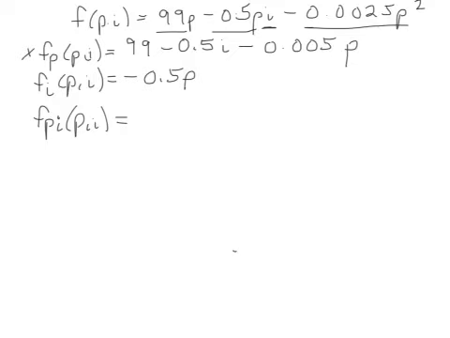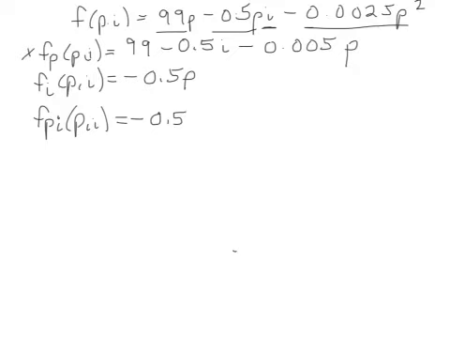So we're keeping p constant, and we're looking for all terms that have an I in it. So the first term does not, the second term does, so we need to take the derivative of that term, which is just negative 0.5, and the third term does not contain an I. So p is constant, the derivative of that term then is just 0.